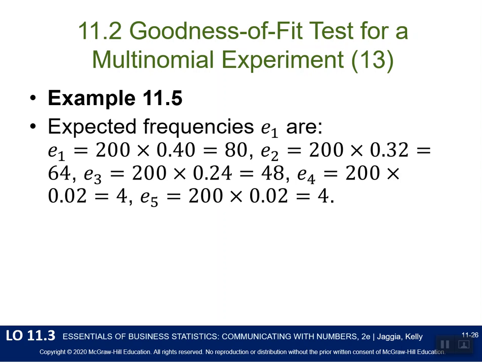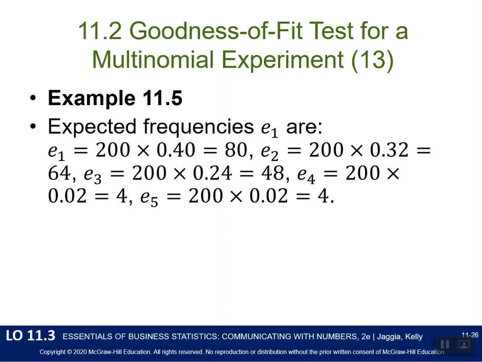If firm 2 is expected to have 32% of the market share, then we would expect that 64 out of the 200 people that we surveyed would have bought firm 2's product. And then you see that we go on to firm 3 with 24%, firm 4 with 2%, and firm 5 with 2% also.